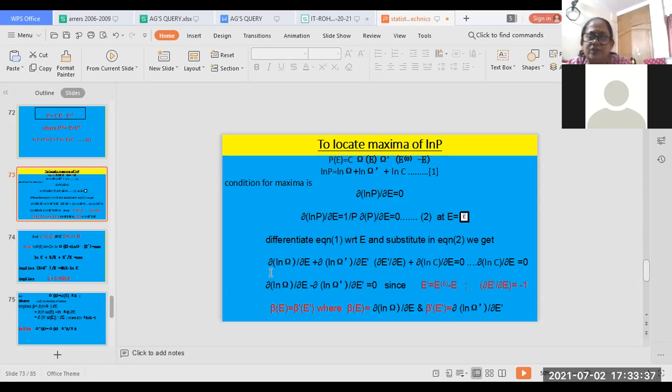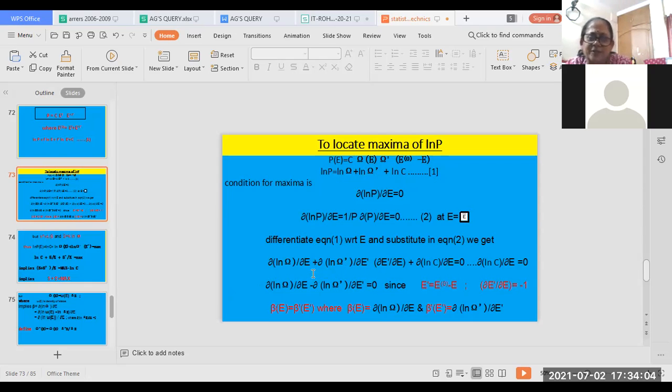If you apply differentiation, you can see there are three parts in equation 1. The first differentiation will go with ln of omega, and the second differentiation will go with ln of omega dash. Okay, that is the second term. Here I have written it as E dash, and the first term I have written as E. Why? Because omega dash depends upon E dash.